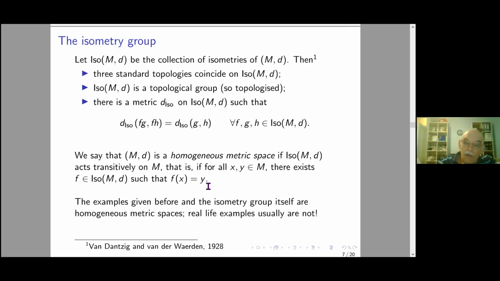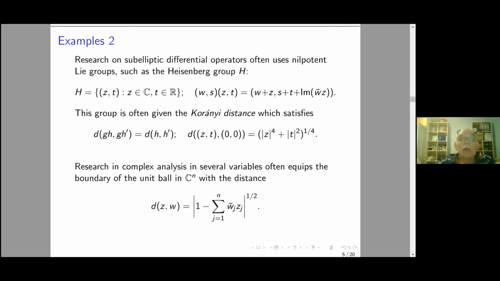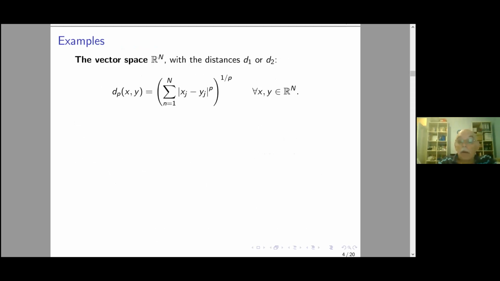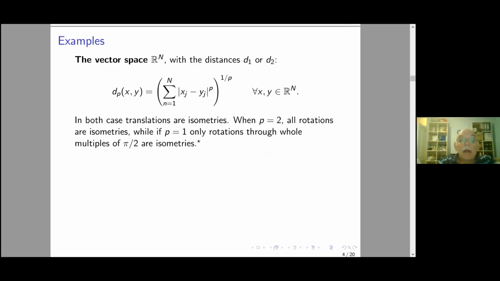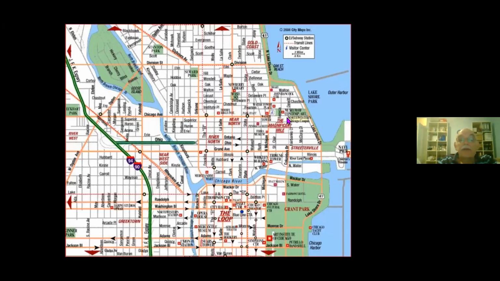In real life, nothing is really homogeneous. Nothing is quite as simple as that. If we go back a little bit to the map of the city, this kind of space is quite interesting.